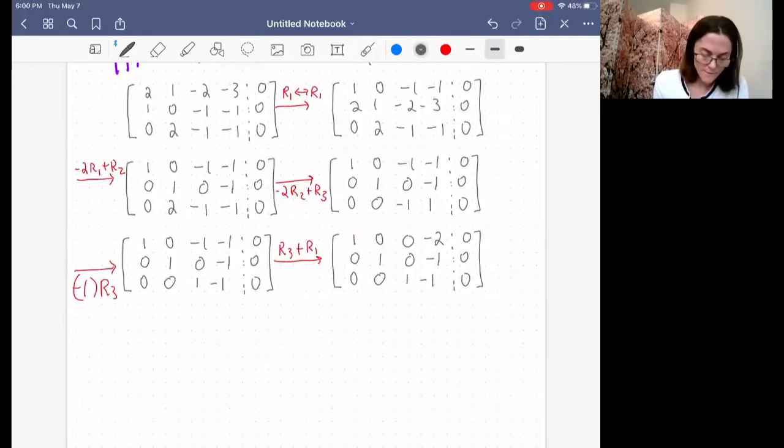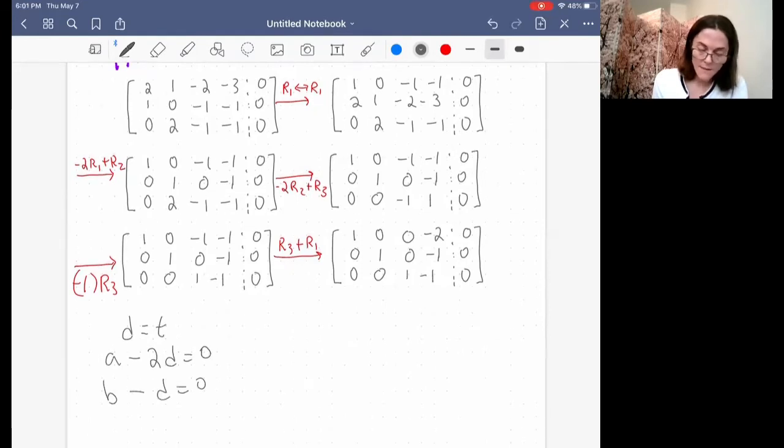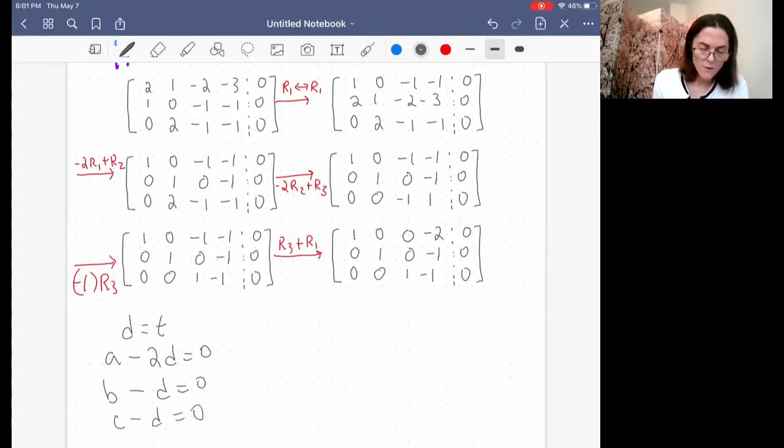Well, if I say D is some T, and then we have that A is 2T. We have, maybe I should do it in 2 steps. We have A minus 2D is 0. We have B minus D is 0. And then we have C minus D is 0.